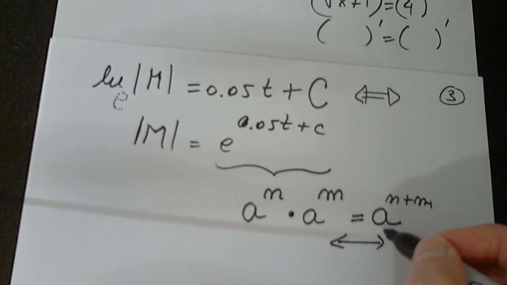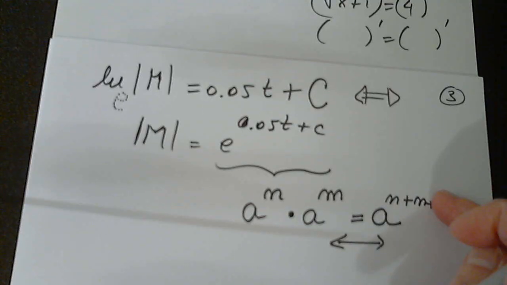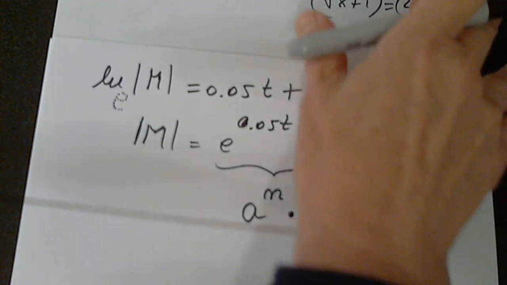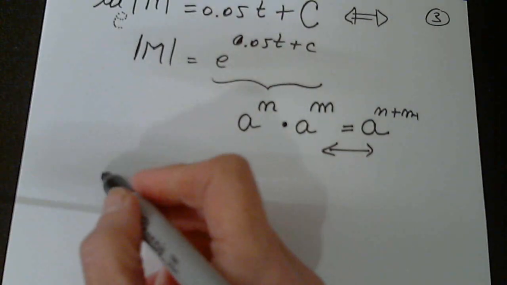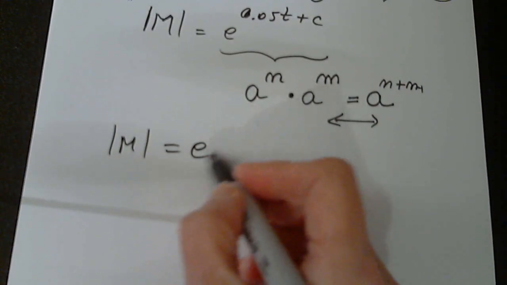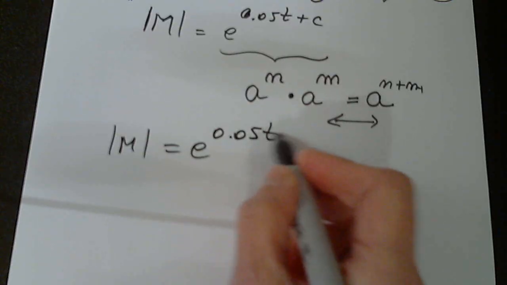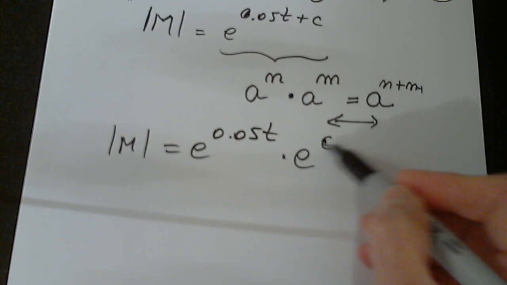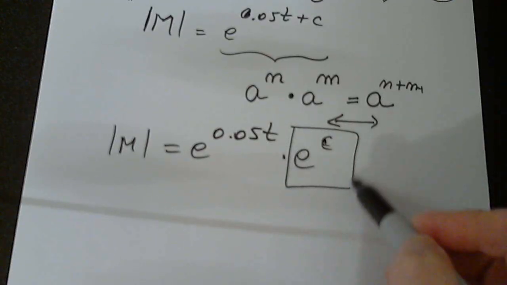If I have e to a sum of two terms, I can rewrite it as e to the first one times e to the second one. And I'm going to do just that. So the absolute value of m is e to 0.05t multiplied by e to c. But e to c is just a number.